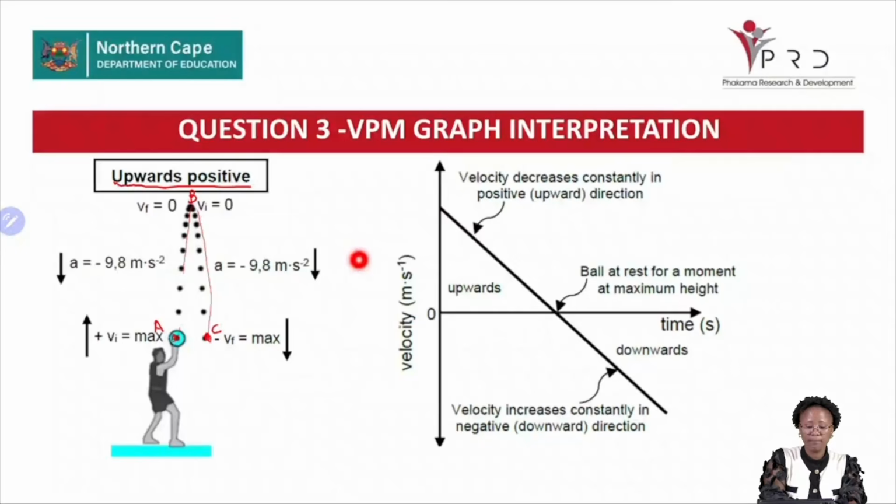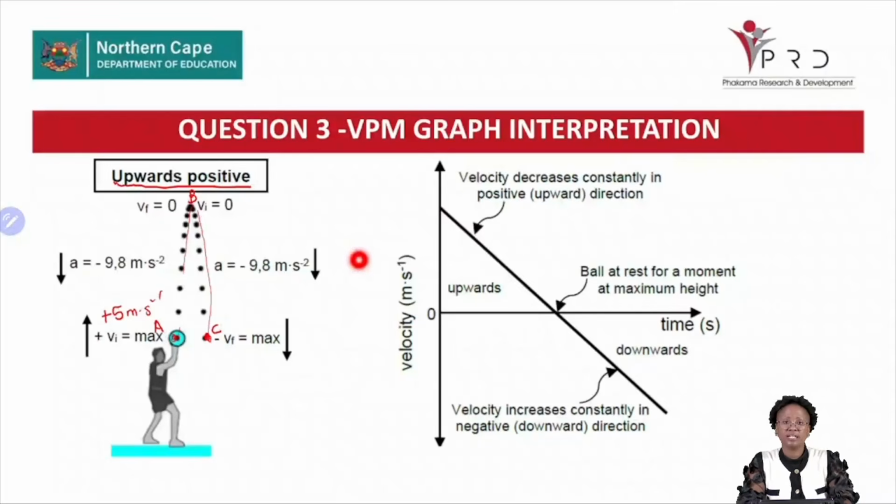So if, for example, the initial velocity at which the ball was projected was 5 meters per second, okay, this is the initial velocity. Because it's going up, this is going to be positive 5 meters per second. What is happening to the velocity as the object is going up? The velocity starts to decrease until it reaches a maximum height where velocity becomes 0. Then the object comes to a stop, and then it comes back downwards.